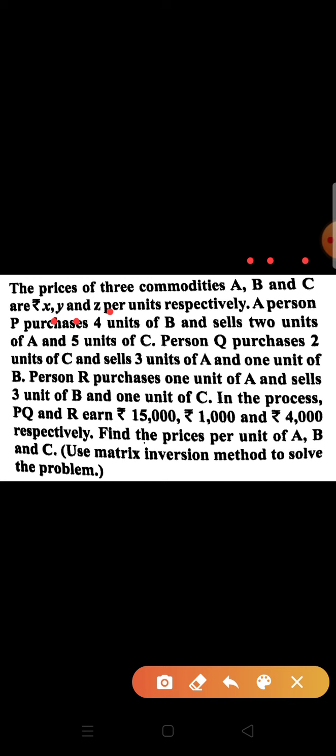A person P purchases 4 units of commodity B and sells 2 units of A and 5 units of C.